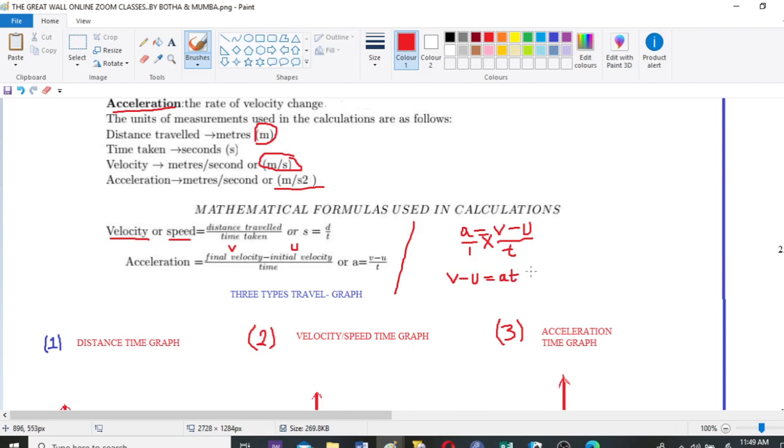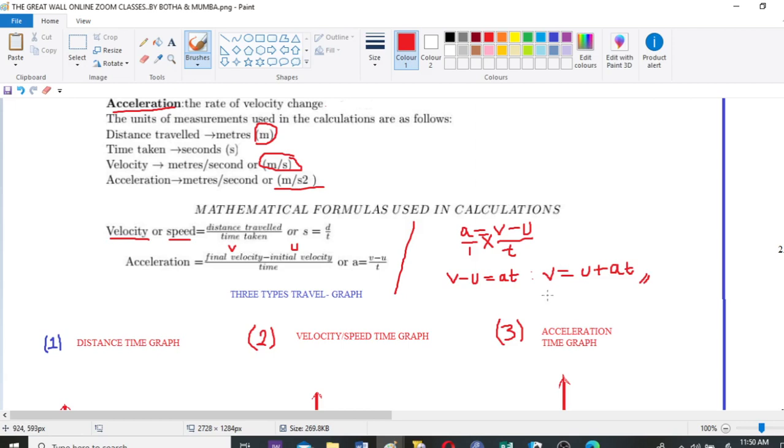But this formula can also be written as, if we take u on the other side of the equation, we're going to have final velocity v is equal to u plus at, which is acceleration times time. So if we need the final velocity, we can use this formula as well. It is just the same formula; we've just made v, which is the final velocity, the subject of the formula.